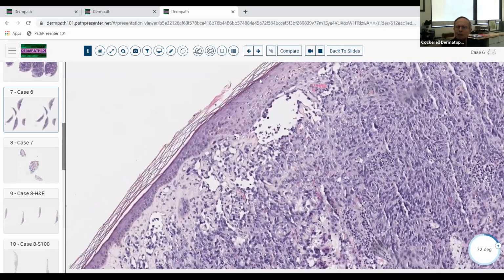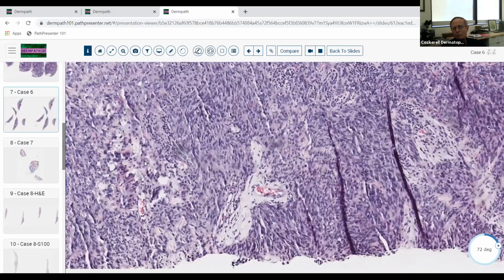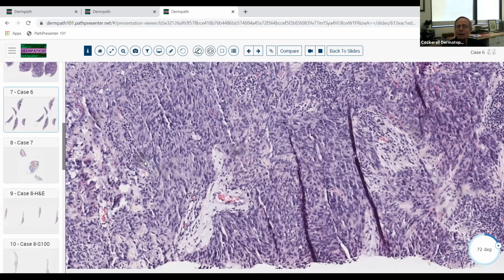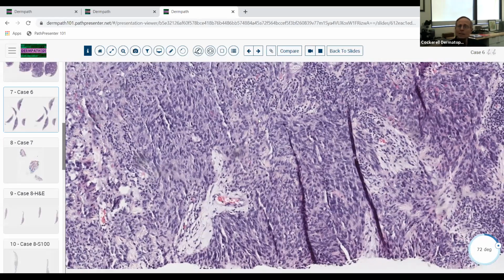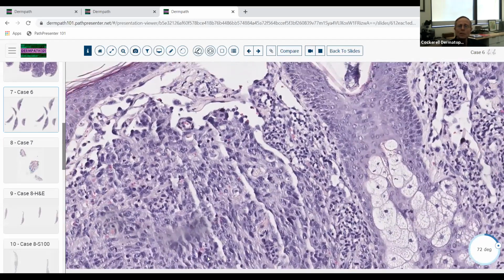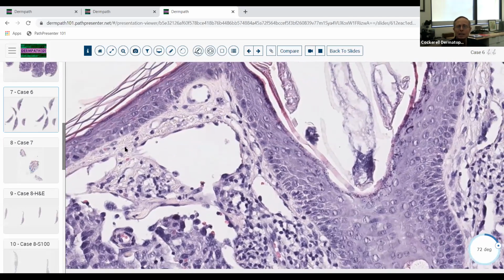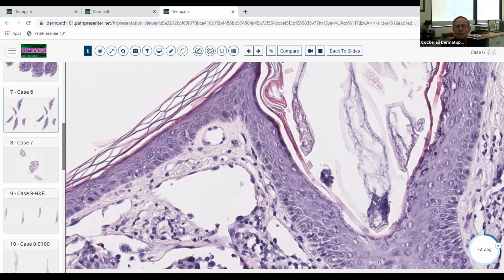And whenever you get a diagnosis of an angiosarcoma in the skin, we were able to make the diagnosis here in a relatively small biopsy, but sometimes these lesions can be very subtle in the vascular proliferation. If you just had this one blood vessel here, for example, you'd be very hard pressed, if you just had a shave biopsy of something like this, to say for sure that you're dealing with an angiosarcoma.